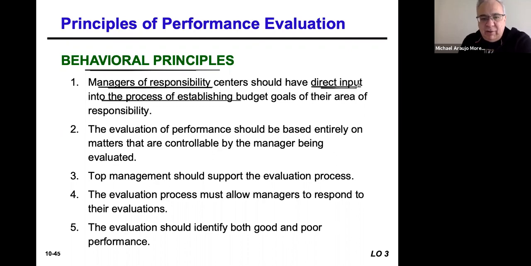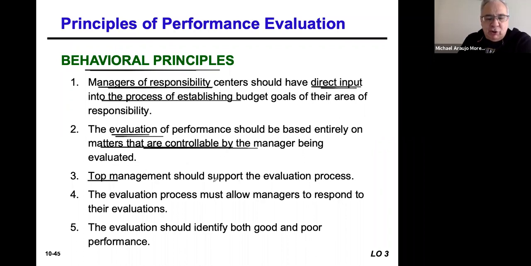It wouldn't be fair to directly evaluate them based on that. So managers of various responsibility centers need to be involved in establishing that. Evaluating those managers has to be based on anything that they can control. You cannot judge someone on things that they cannot control. Okay.